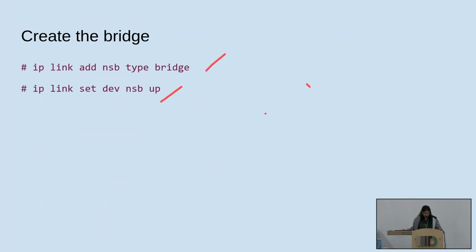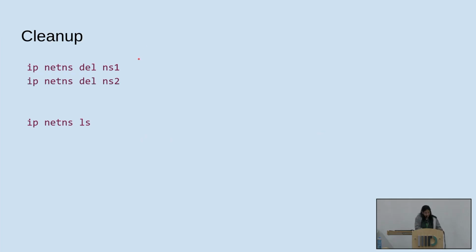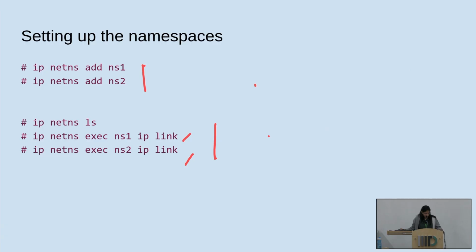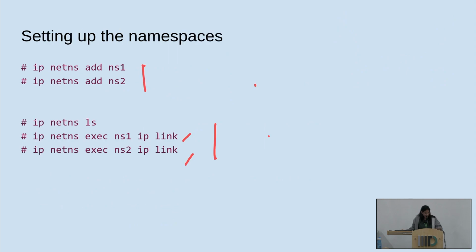Once you delete the interface namespaces using these commands, that is delete NS1, delete NS2, then follow these commands, that is set E1 and E2 to NS1 and NS2, right? Once you do that, I'll wait for some time. Just delete and create first, that is add namespace 1 and namespace 2.